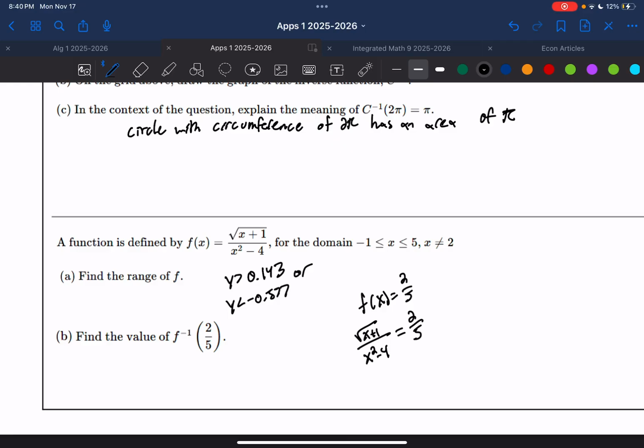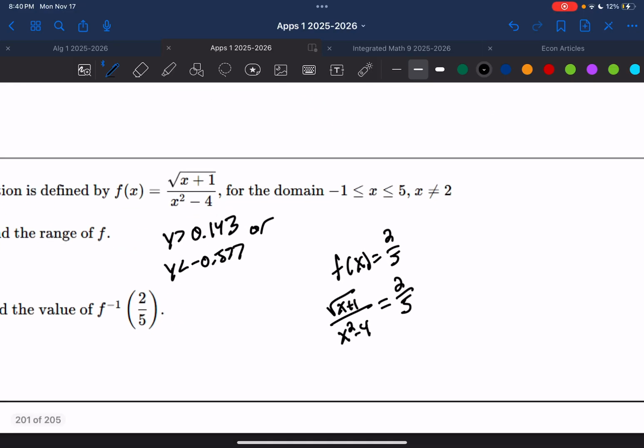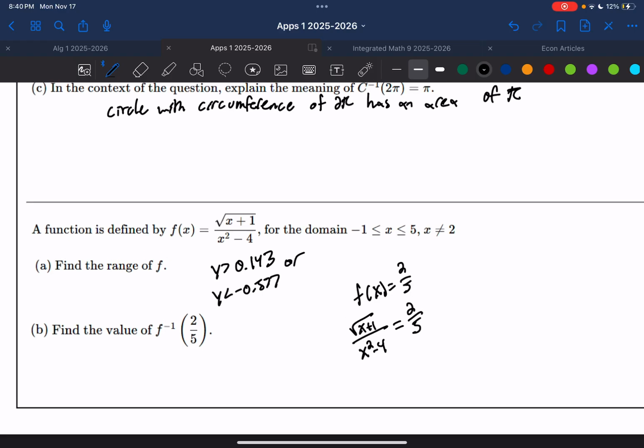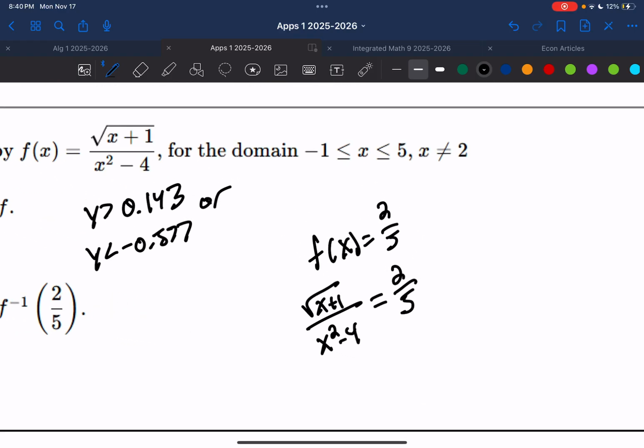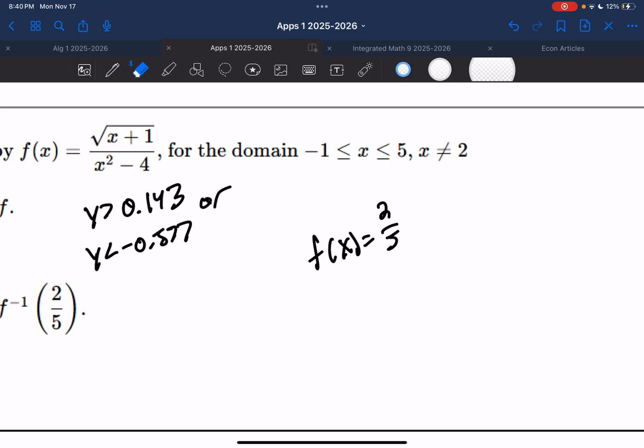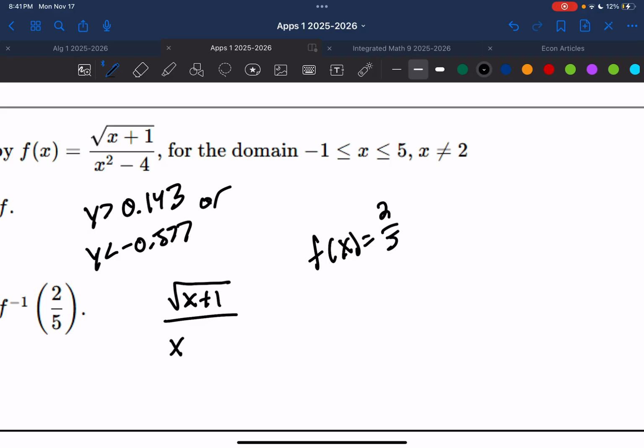And now here, you might not know where to go from here, right? This is not a straightforward situation. Algebraically, if you start moving this over there, squaring things, it's going to get very messy very quickly.